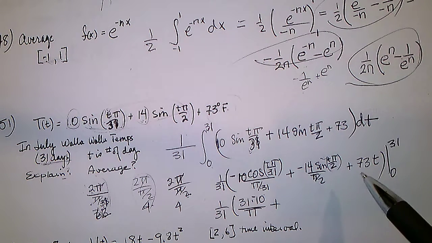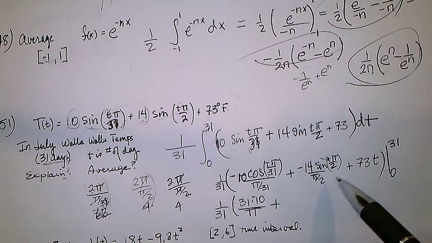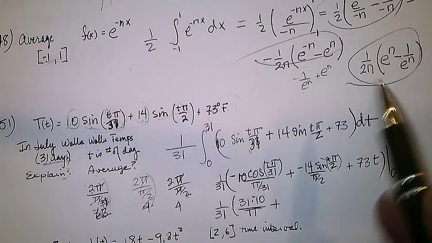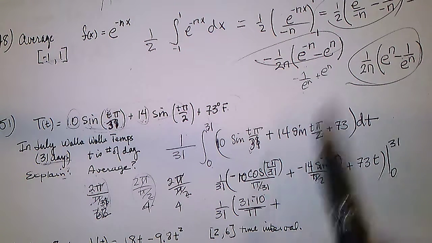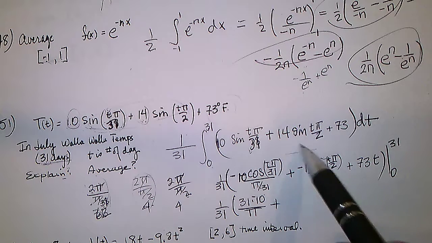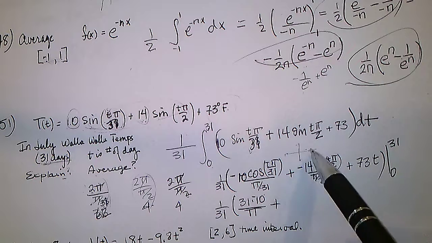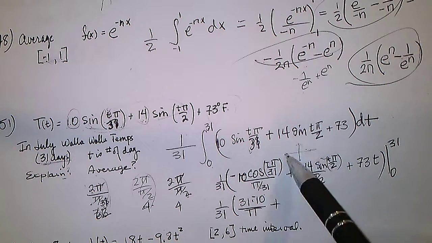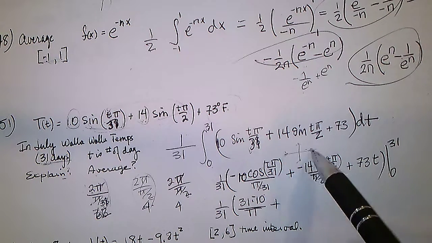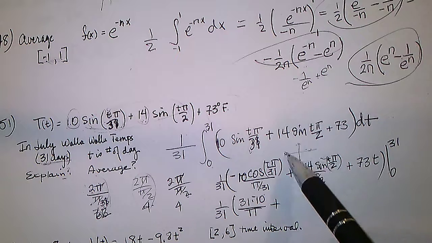So 28 halves. Halves are, we're going to be 1, 2, 3, up through 31.